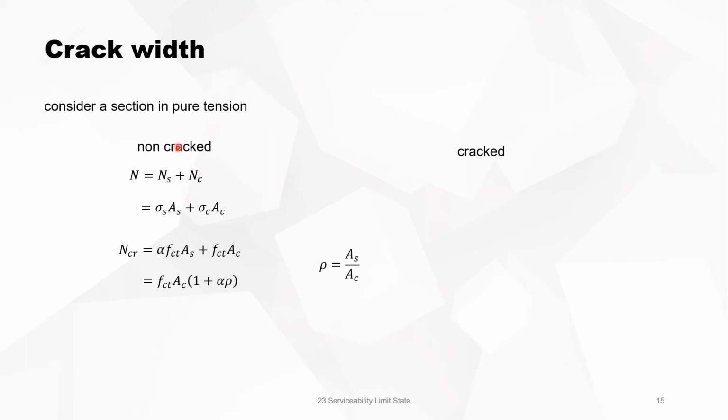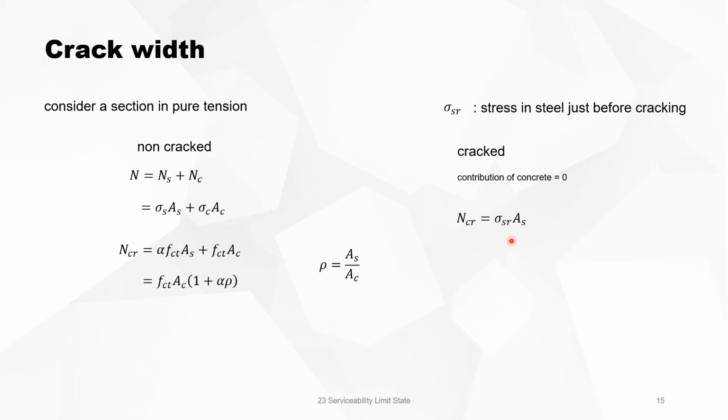Now this is for the cracked section. Suppose it's cracked. Just after cracking, the contribution of the concrete is 0, so the cracking tensile force equals the tension in the steel after cracking multiplied by the surface of the area, the cross section of the reinforcement.